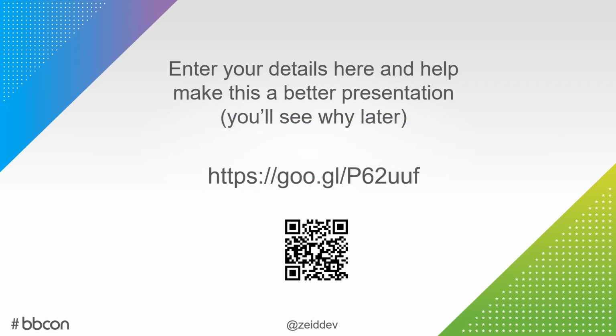I promise you it won't be used for anything nefarious or to sell your data on to other third parties. I will wipe the data as soon as the session is over. I'll leave that up for a few more minutes just so you can have a look, and we'll move on. We'll be showing that URL again later on in the session, so don't worry if you don't quite catch it now.